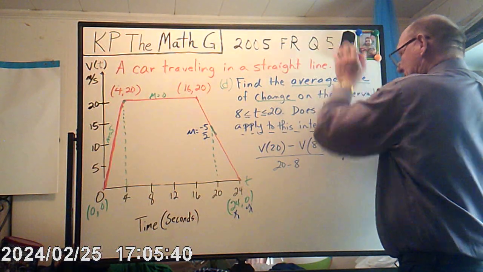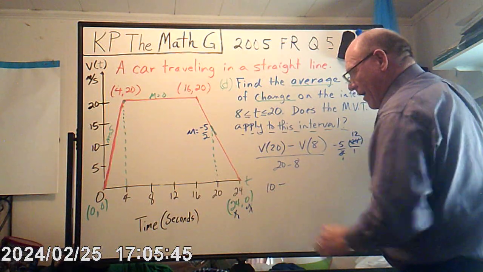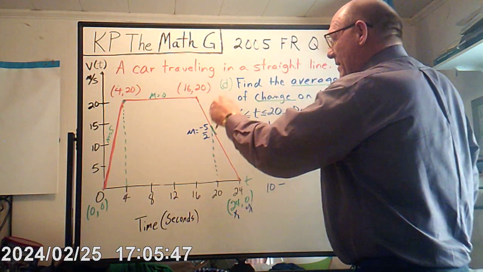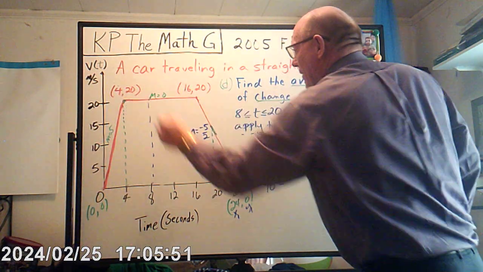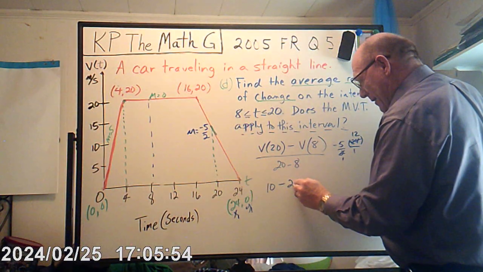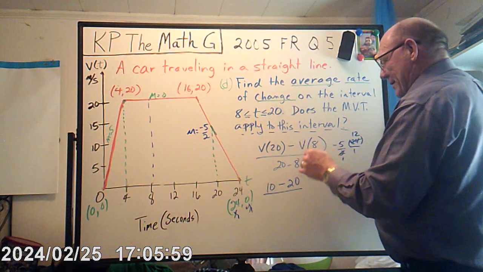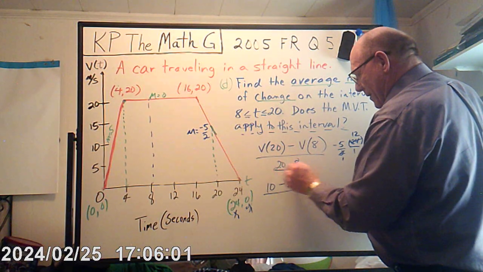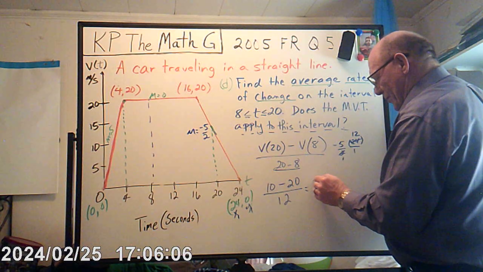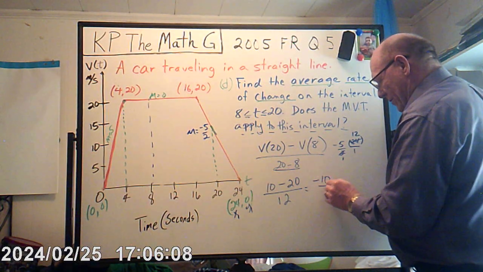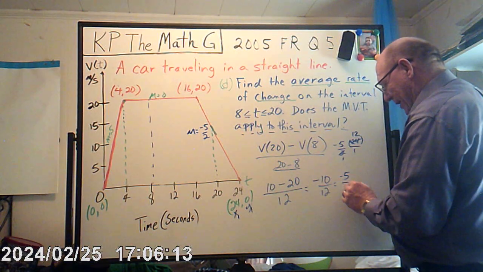So V at 20 is 10, and 10 minus V at 8. V at 8 is right here, and that's 20. We know that height is 20. And we know that this was over 12 a while ago. This was 20 minus 8, which is 12. So now this is going to be equal to negative 10 over 12, which is negative 5 over 6.